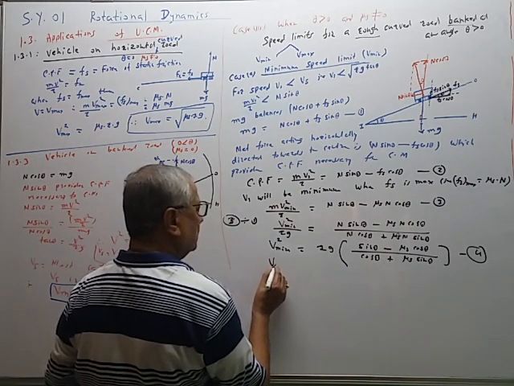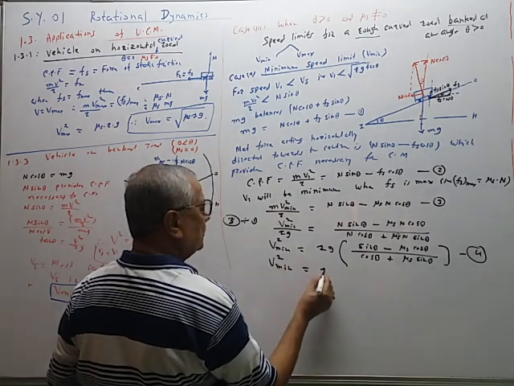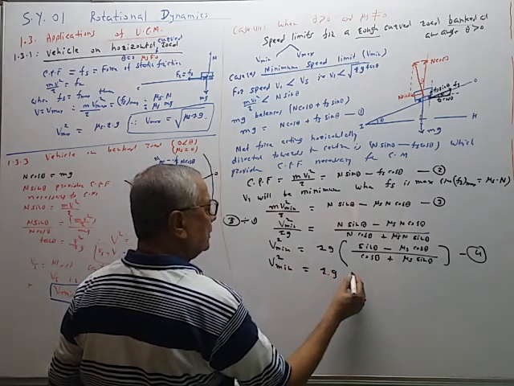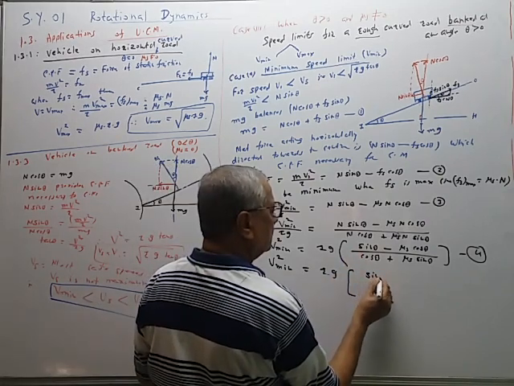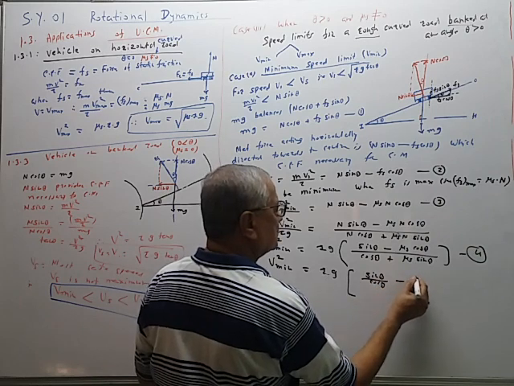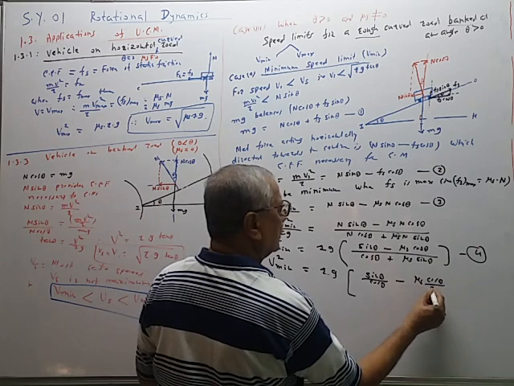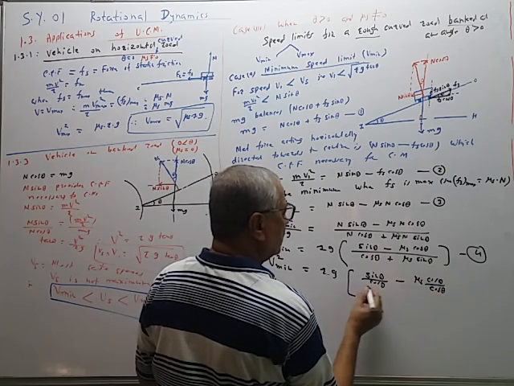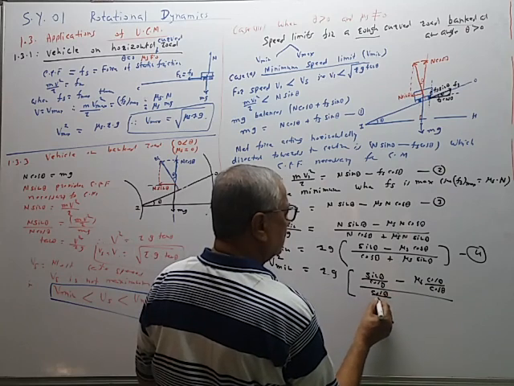Therefore v minimum square is equal to r g into bracket sin theta upon cos theta minus mu s cos theta upon cos theta.